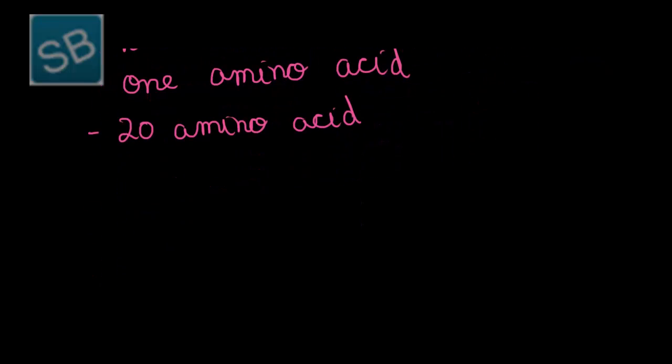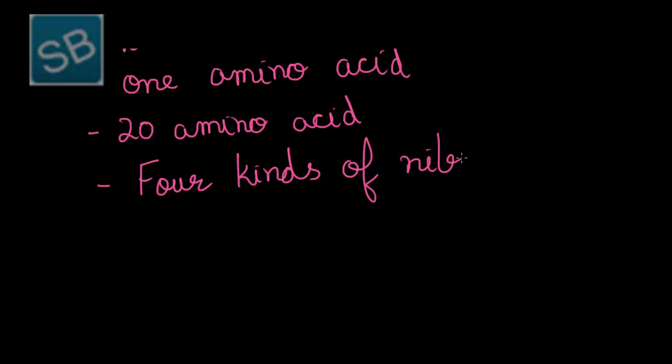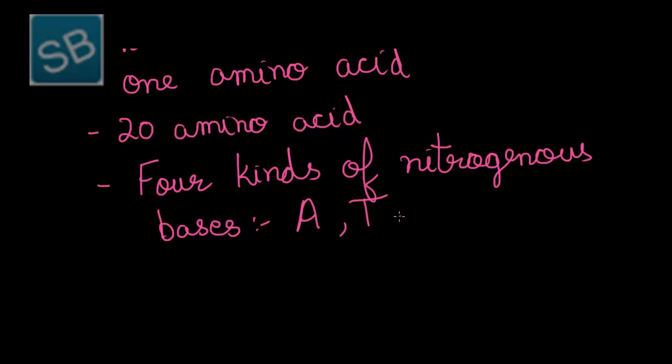As said earlier, there are mainly 4 kinds of nitrogenous bases, that is adenine, A, thymine, T, guanine, G, and cytosine, C. So, it is the arrangement of these nitrogenous bases that forms the genetic code that codes for amino acids. Now, how do these bases get arranged to form a codon that codes for a genetic code?